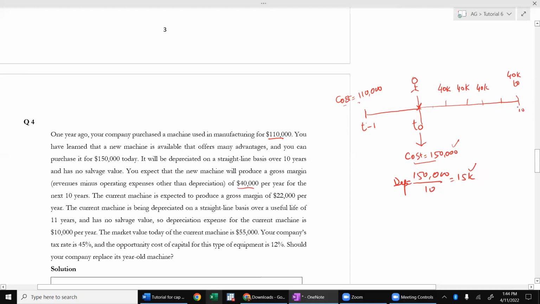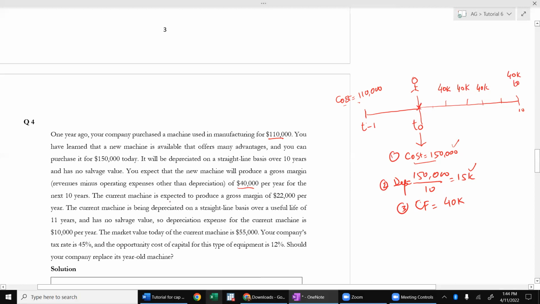So far, no issues. Okay. So it means that the cash flows are equal. So the cash flow is equal to 40,000 every year, for information number 1, 2, and 3.